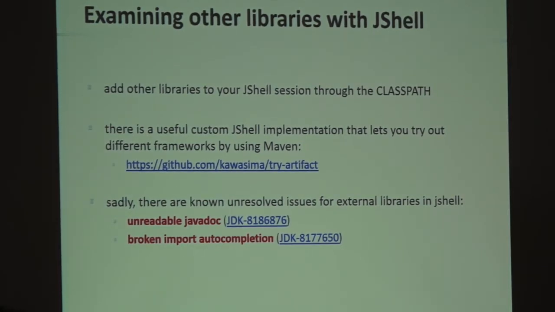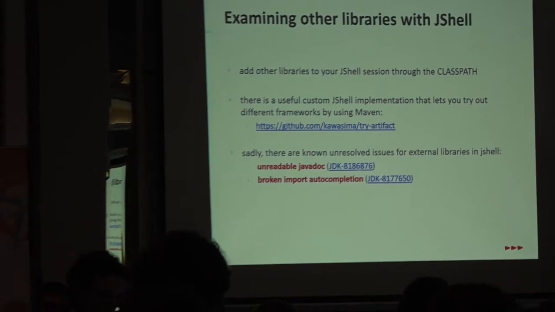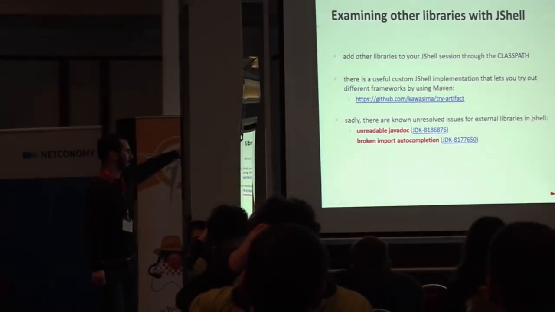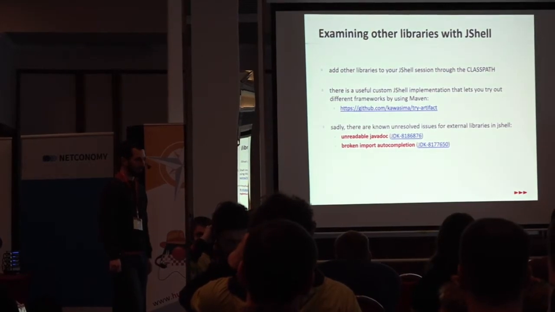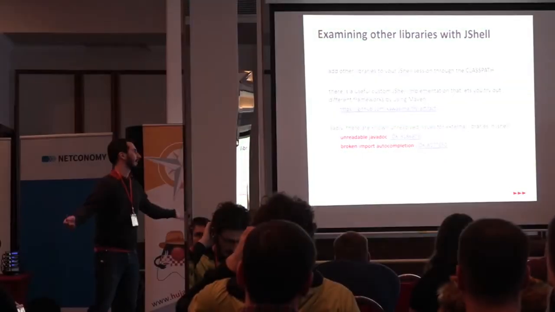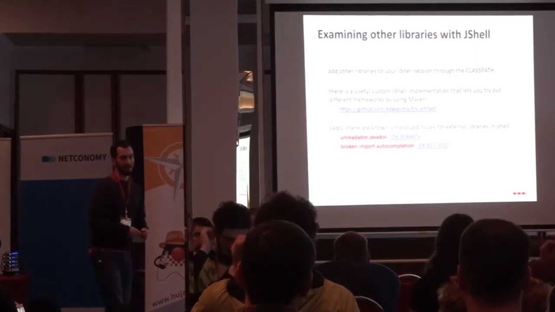But sadly, there are some problems with JShell and external libraries. These are two of the most critical ones. So Javadoc for external libraries is unreadable. It throws an error. I don't know how they didn't fix that. It's fixed in a pre-release version.